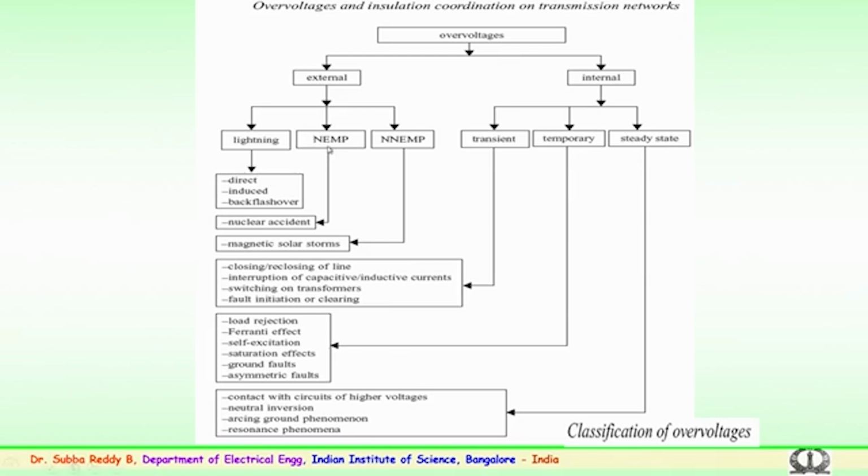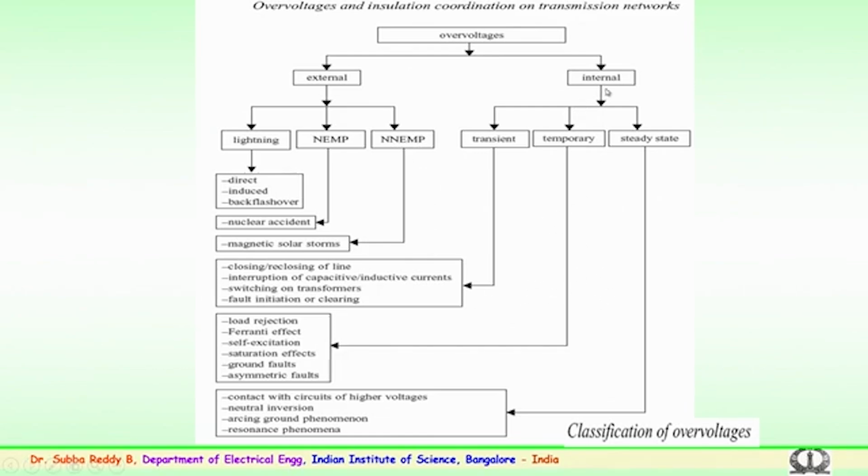The second external is the NEMP, that is, nuclear electromagnetic pulse. This is because of a nuclear accident which may happen, which creates very sharp pulses and may create a problem to the transmission network. The third external over voltage is the non-nuclear electromagnetic pulse, which may be because of magnetic solar storms and so forth.